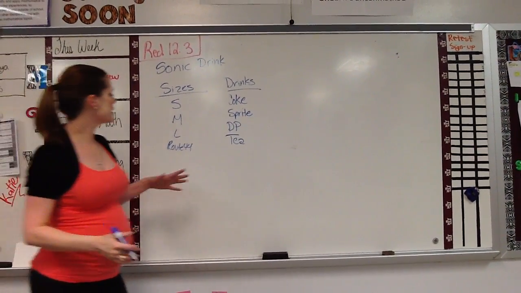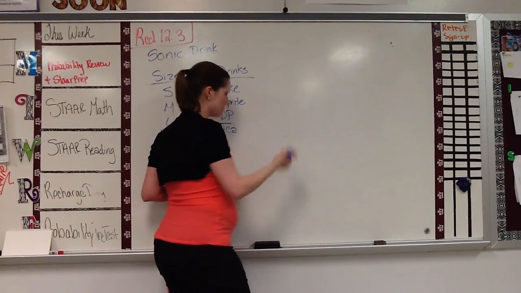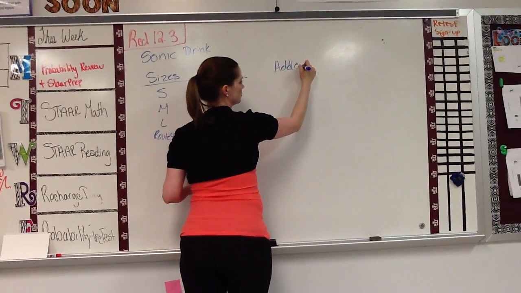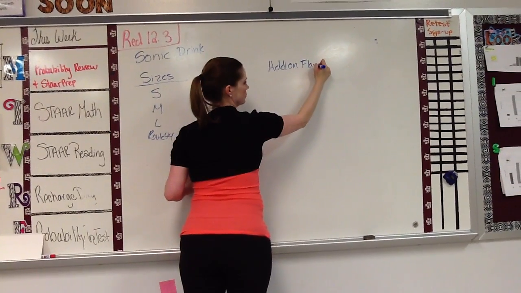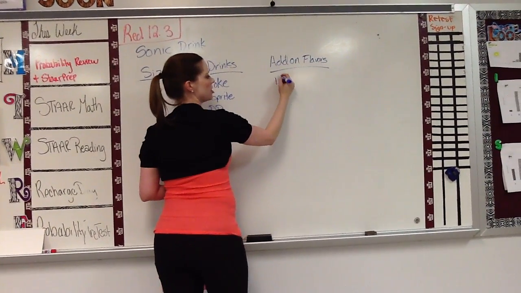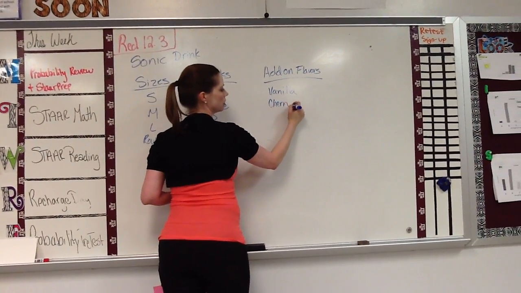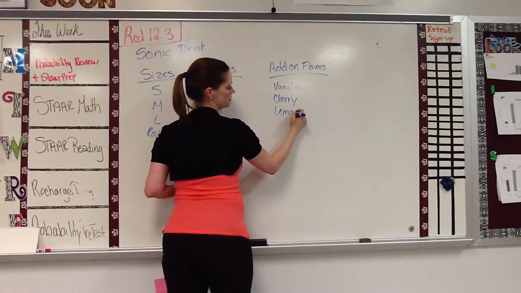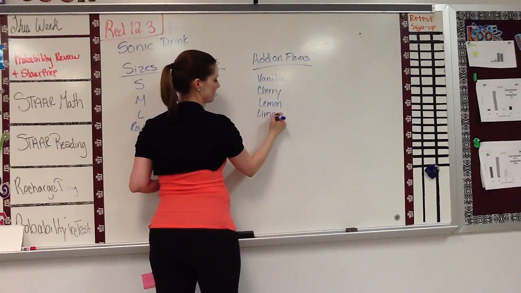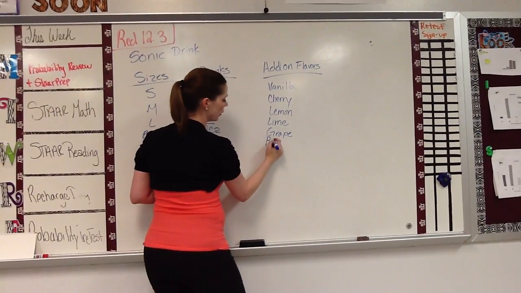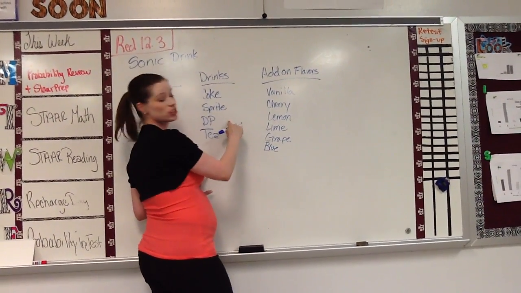Then let's say we've got the add-ins, the flavors. I can have vanilla. They've got cherry, lemon, lime, grape, blue coconut, which by the way is really good in Sprite.